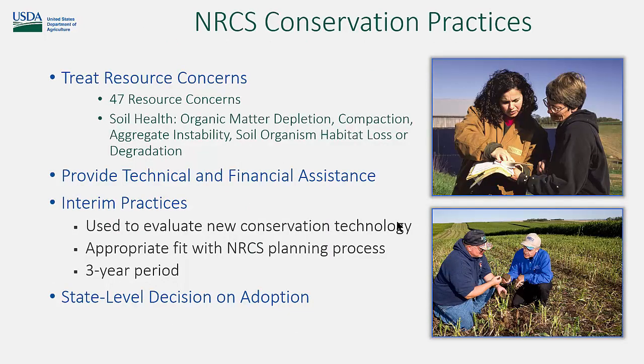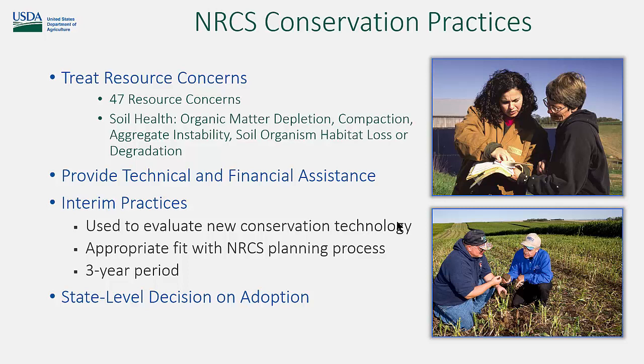If you are not really familiar with us, the conservation practices are used as guides or standards to help our staff, help our producers treat resource concerns. So right now we have 47 resource concerns in the agency.